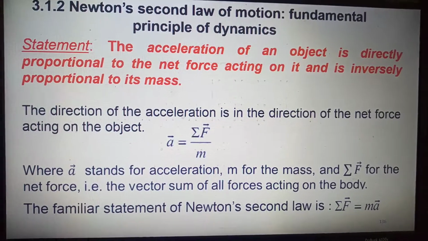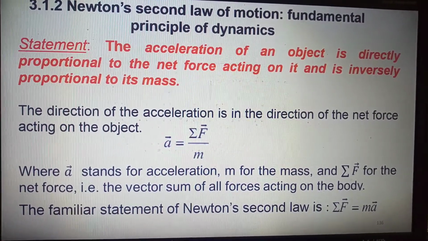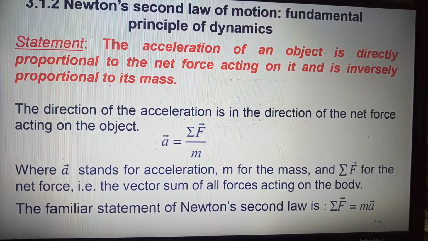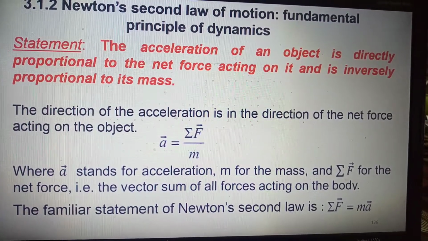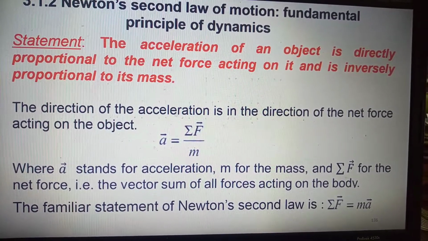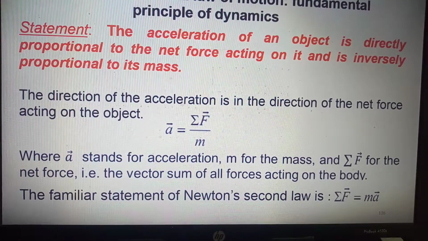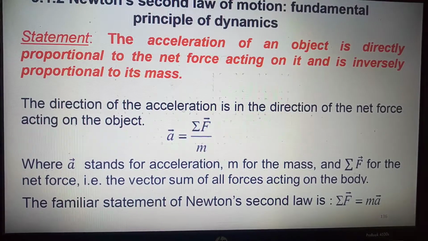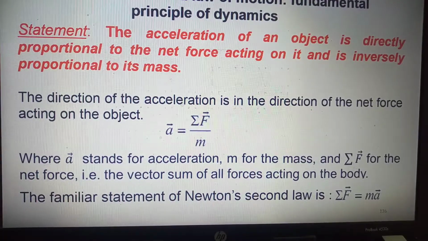This means that once the velocity of a moving body changes with time, the body is said to be accelerated. Then this acceleration is equal to the sum of forces acting on a body divided by the mass of the body. Or we can state this law as: the net force, meaning the sum of forces acting on a moving body, is equal to the product of mass and acceleration.